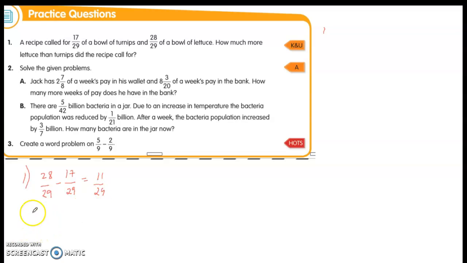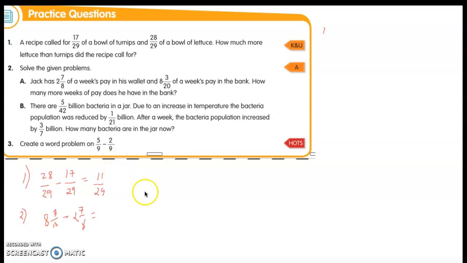Okay. Now for number 2 questions, solve the given problems. For letter A, Jack has 2 and 7 over 8 of a week's pay in his wallet and 8 and 3 over 20 of a week's pay in the bank. So how many more weeks' pay does he have in the bank?